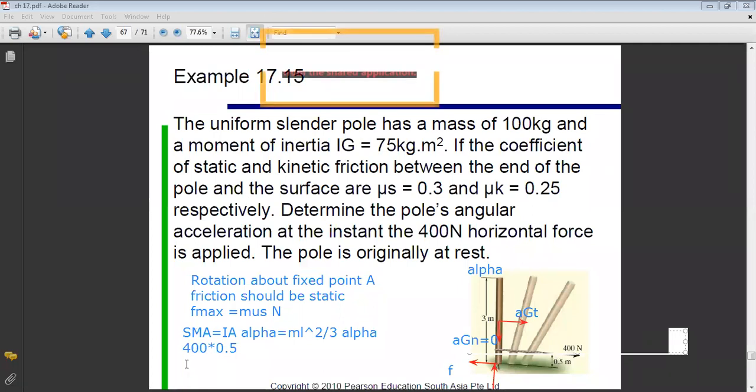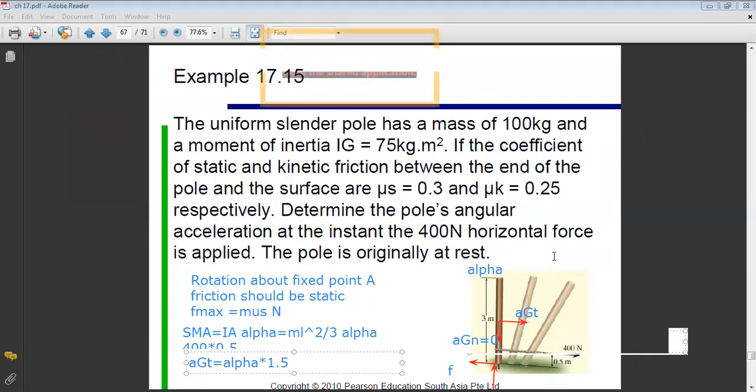Yes, but before summation of x, when you have rotation about a fixed point, what is AG tangential? Alpha times R. Very good. And R here is what? The distance between A and B, 1.5. Times 1.5.